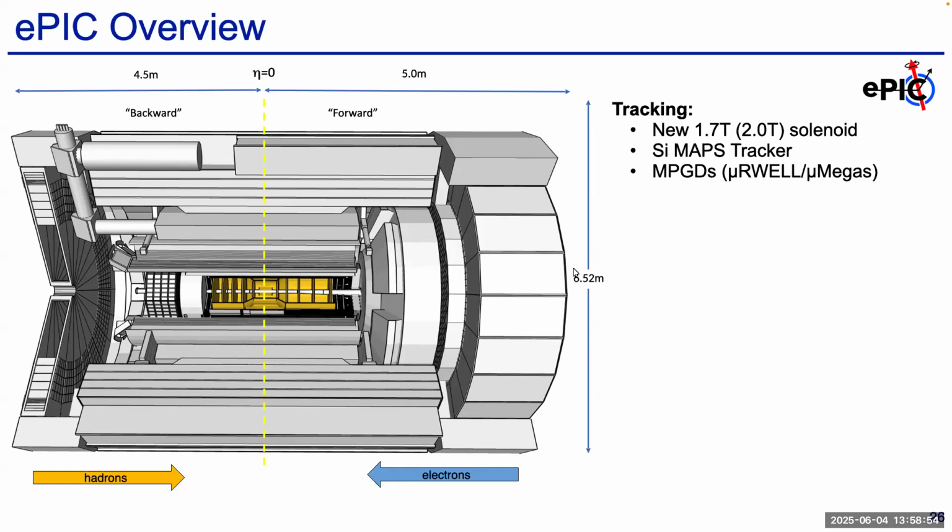Go ahead. On the hadron-going way, so there's this big X. When you talk about the PID for hadrons, is it that the TOF is going to do most of it?